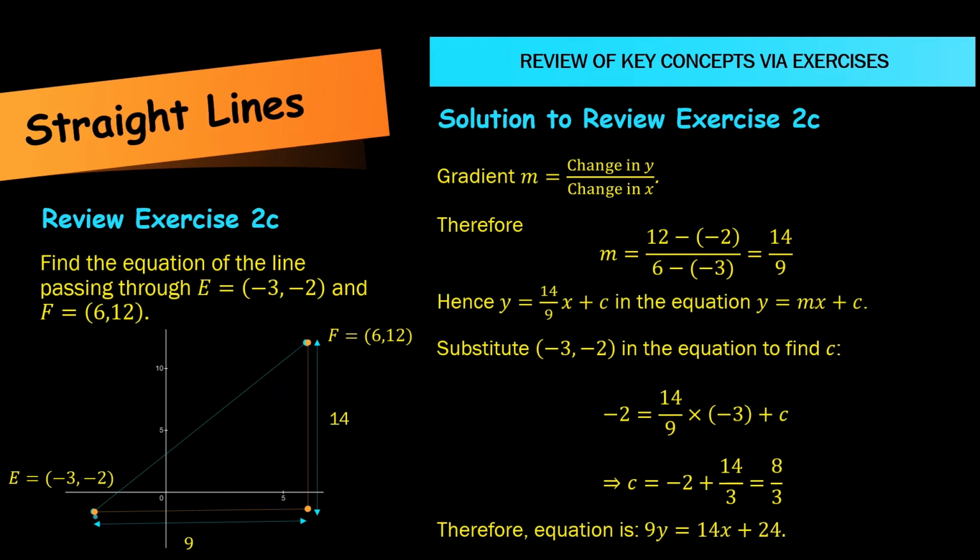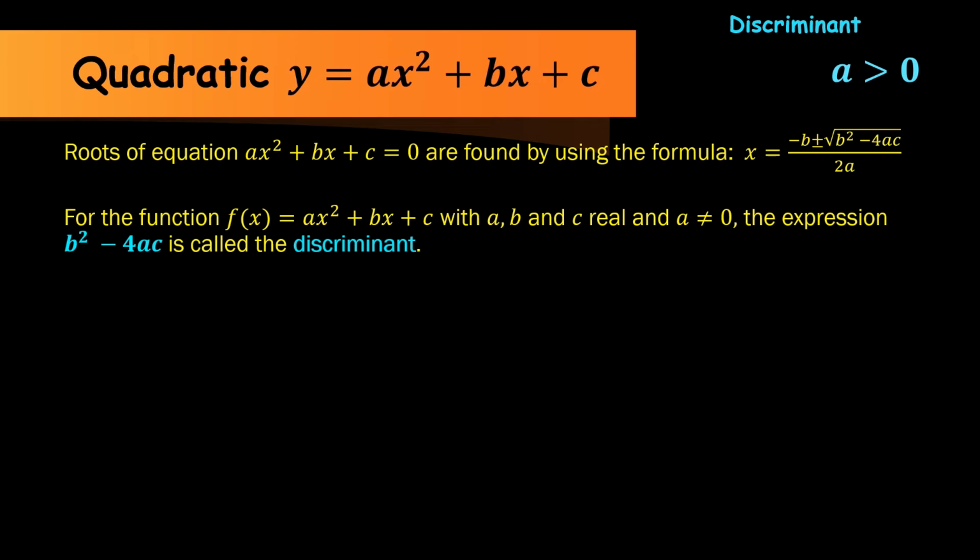The roots of the equation ax squared plus bx plus c equals 0 are found by using the quadratic formula. x equals minus b plus or minus the square root of b squared minus 4ac, all over 2a.